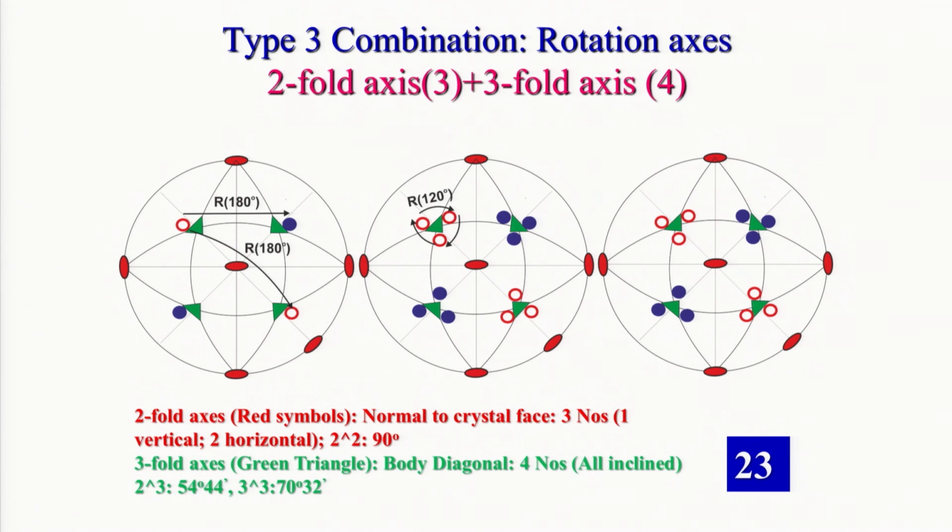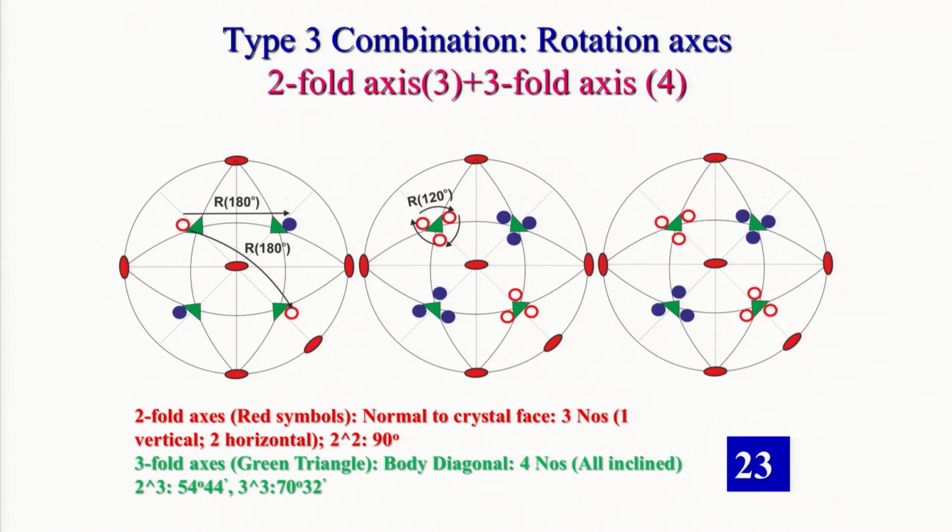Up to this stage, let me summarize what we have studied in symmetry operations. We have studied the fundamental symmetry operations as one-fold, two-fold, three-fold, four-fold and six-fold axial rotation. Then we have studied mirror or reflection and inversion.